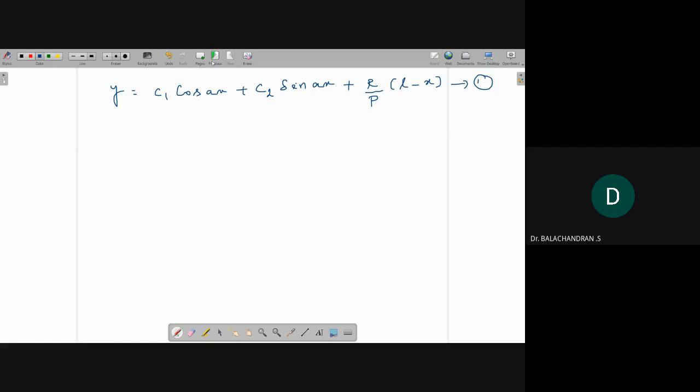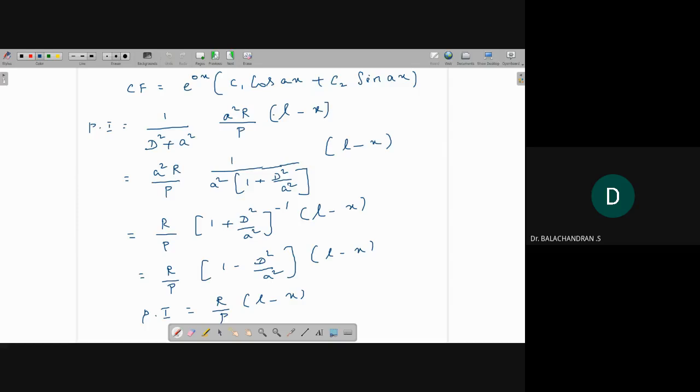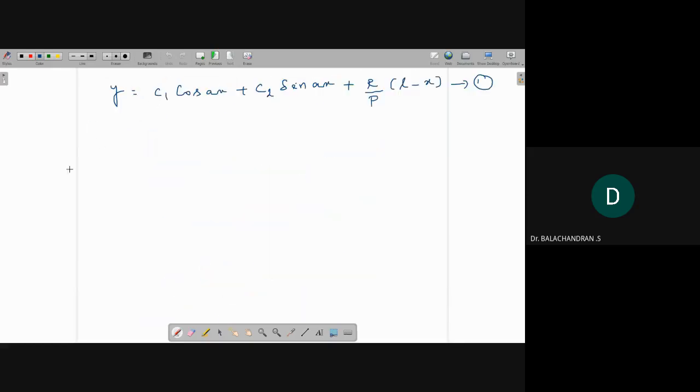Next we need to find the constants c1 and c2. For this, read the question carefully: with one end x equal to 0 built in. Built in means fixed end. As the end x equal to 0 is built in, now you should tell the condition.